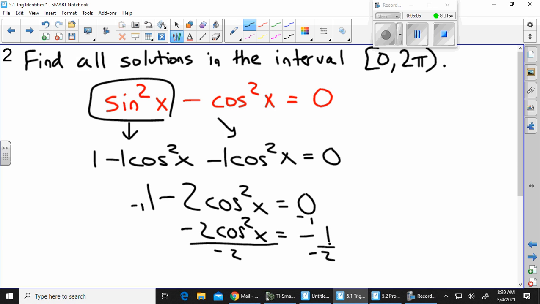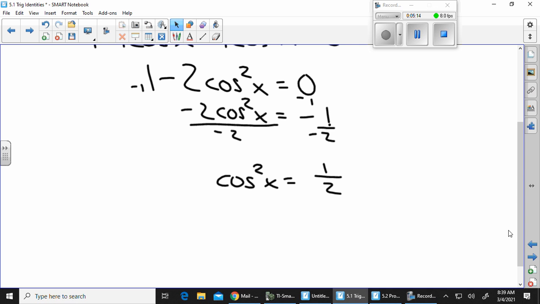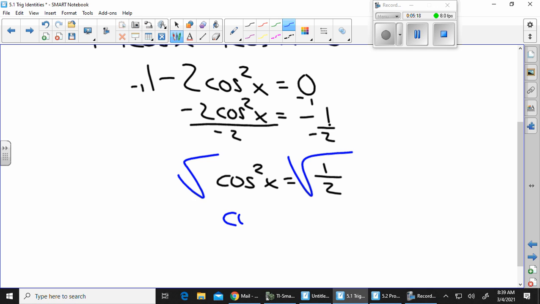So now I would have cos squared equals positive 1 over 2. How do you get rid of a square? You square root. Cos of x equals plus or minus the square root of 1/2. Well, the square root of 1/2 is 1 over radical 2.